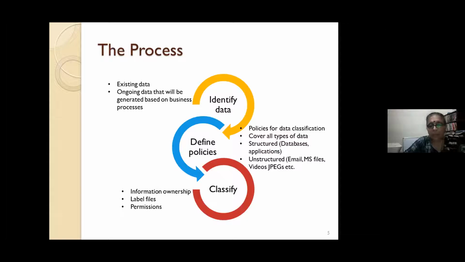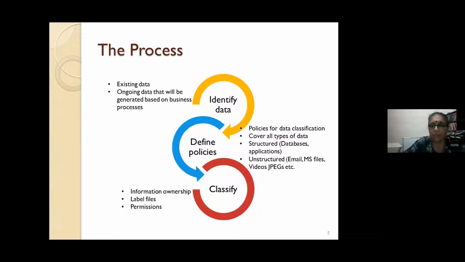Then unstructured data could be some ad hoc files. Say somebody has created an Excel sheet of all employees who have joined on a particular date and with a particular grade, right? With a date of joining, the gender and date of birth and so on. All the PII data elements are there.